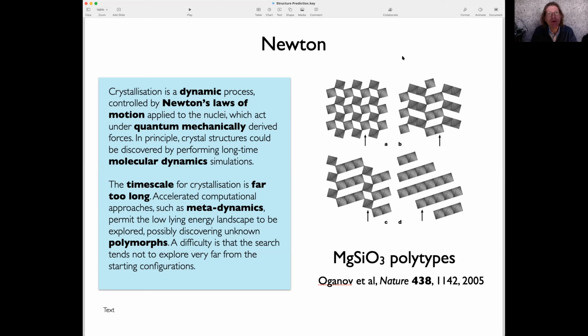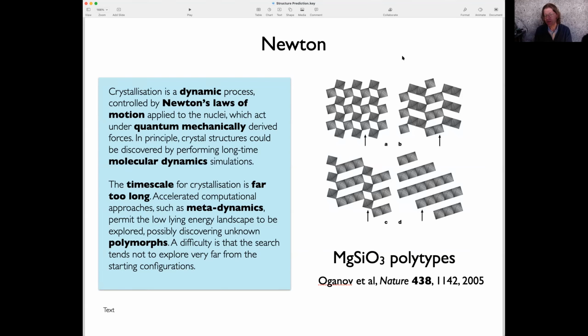So the technique that's used to try and make this more realistic or more likely to work is so-called metadynamics. Metadynamics is a way of basically forcing certain areas of the energy landscape to be searched or explored during a dynamic calculation, or at least stopping your system visiting certain regions of configuration space.